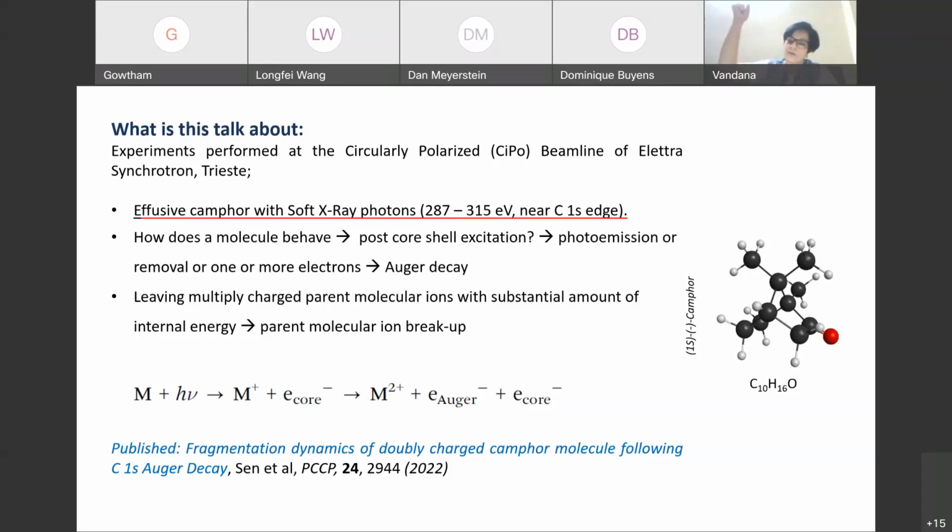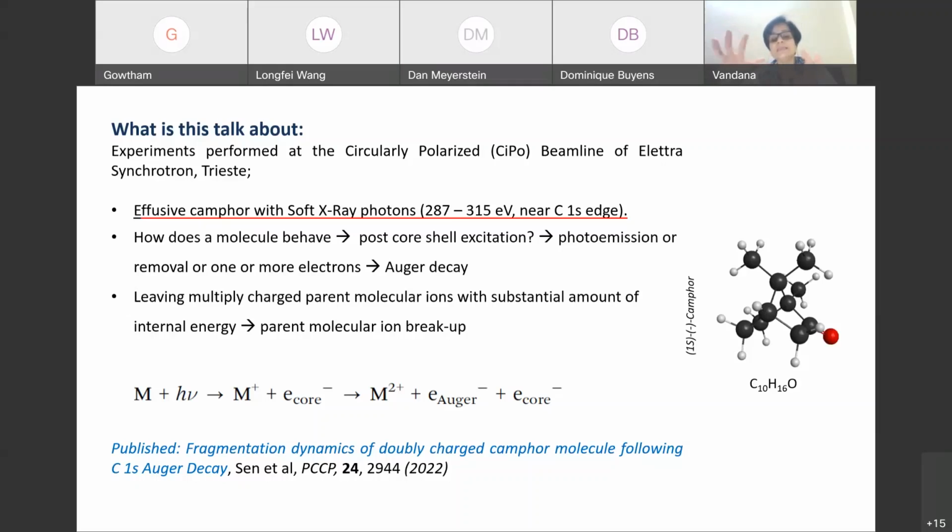When you eject that electron out, the whole system is now very unstable. There is a possibility that an electron from a higher shell can fill that gap. In that case, there can be a photon emission, or the emitted photon can be absorbed by another electron in the system, and then that electron comes out. That process we call the Auger process.